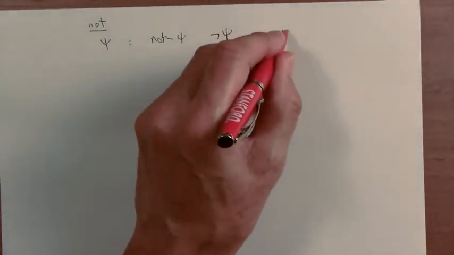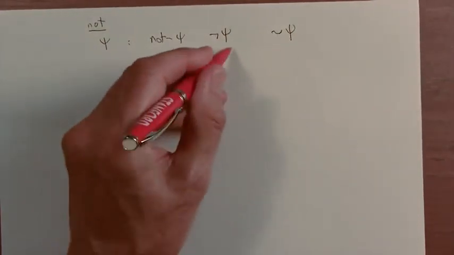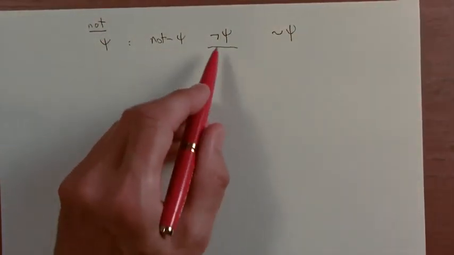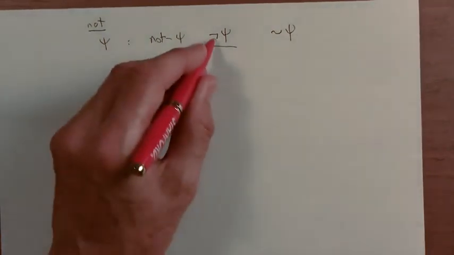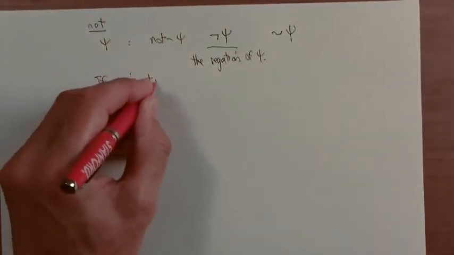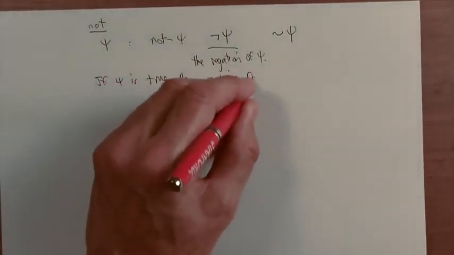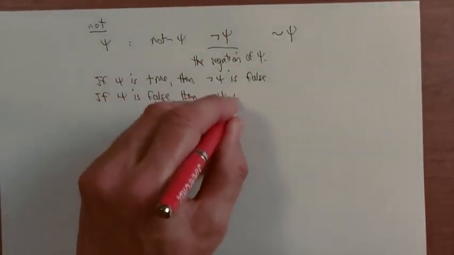Older textbooks will use a tilde. That's not the one I'm going to use. I'm going to stick with the modern notation, this sort of negative sign with the hook. And we call this the negation of psi. If psi is true, then the negation of psi is false. And if psi is false, the negation of psi is true.